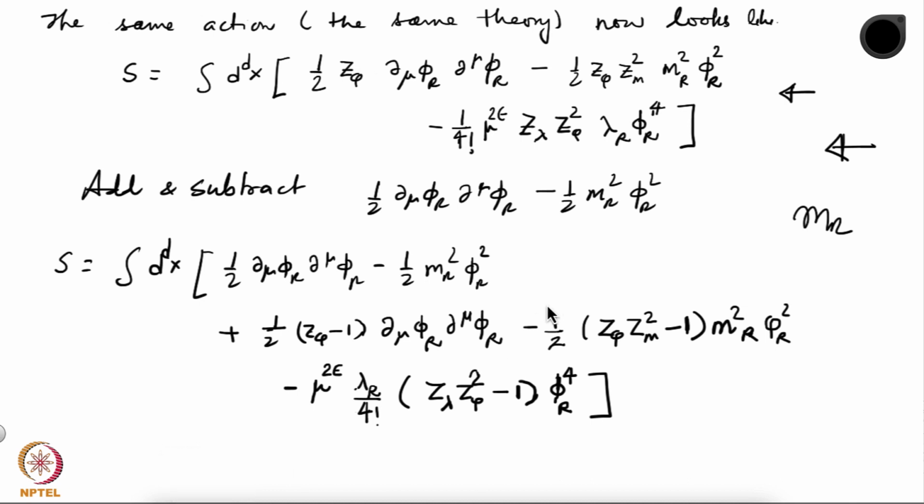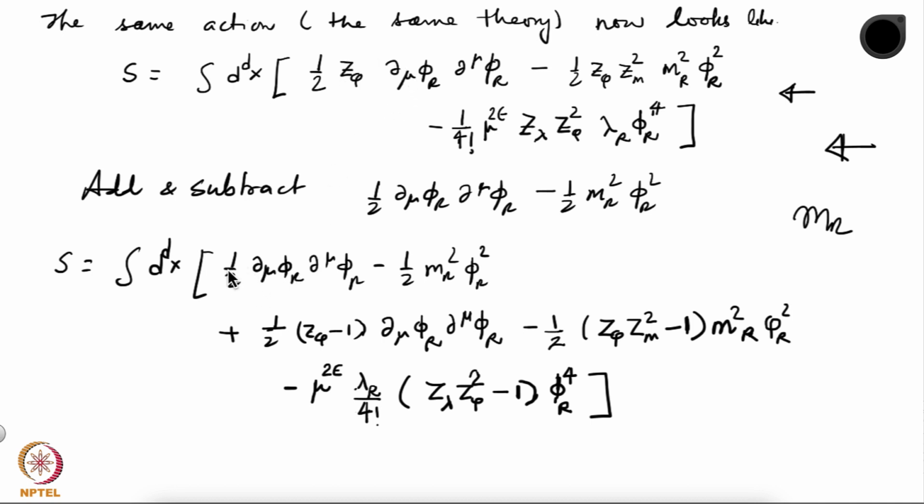Okay, so the way the action was written on the top had del mu phi r, that's the usual kinetic term, but then you have a z phi. But z phi is a function of lambda r and mr, which are your constants. Okay, so I don't want to put it this way, but I want to put it in the canonical form, the way usually we write the kinetic term without coupling constants.